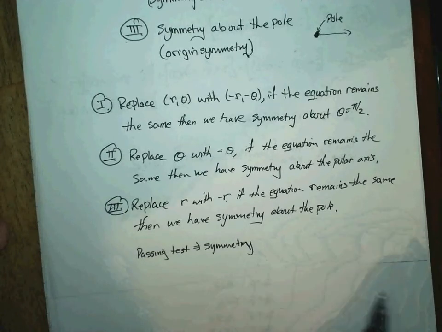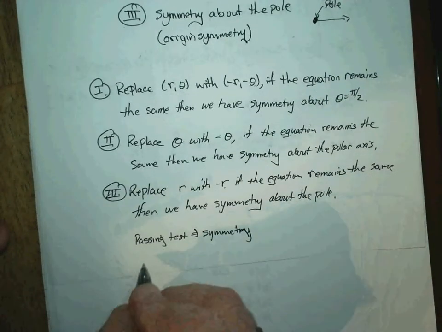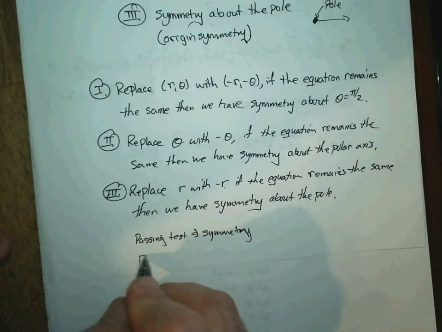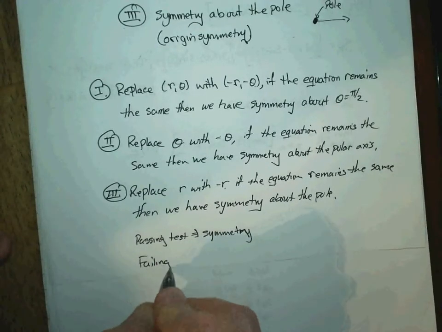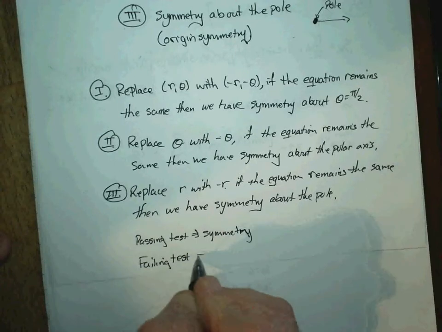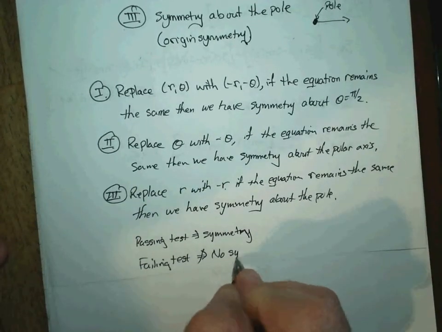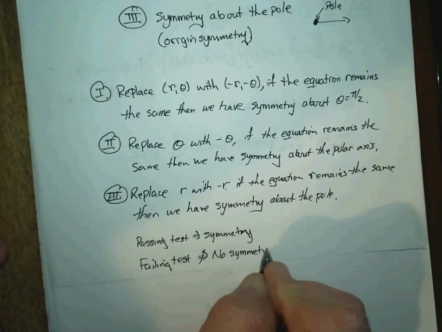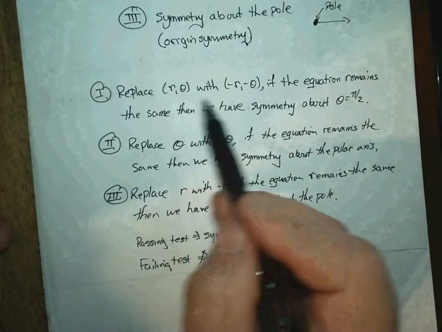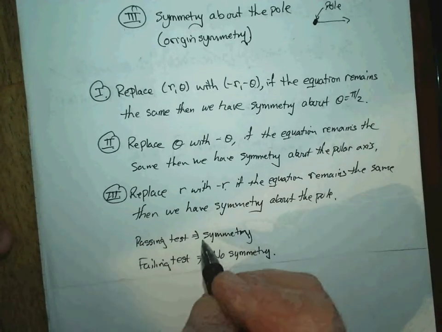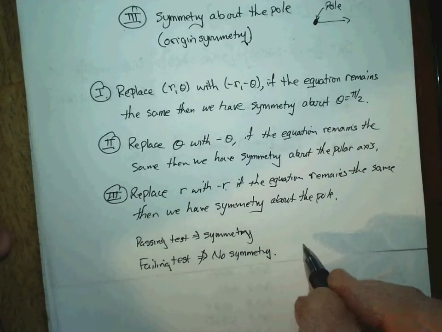But what is not true is that failing the test implies no symmetry. Failing the test does not imply no symmetry. In other words, you could fail any one of these tests and still have the symmetry that's being discussed. So this is not a perfect test.